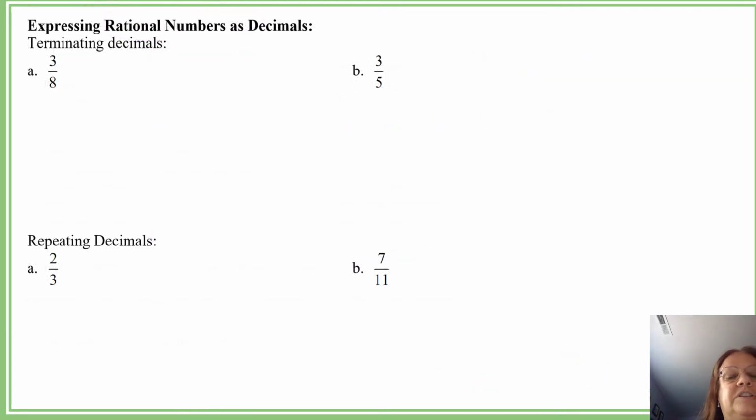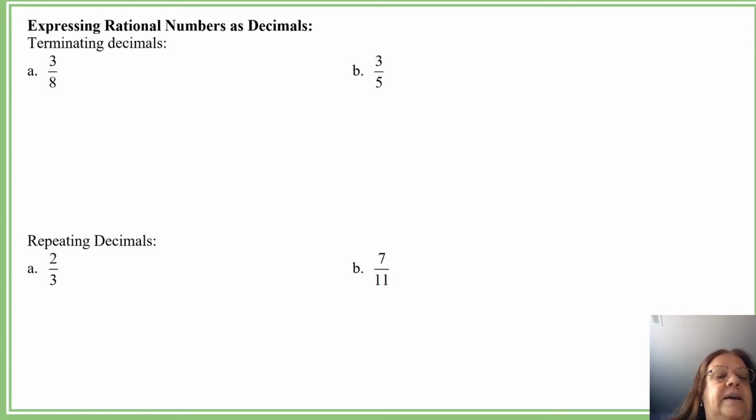Okay, now we're expressing rational numbers as decimals. Okay, so first we're going to deal with terminating decimals, decimals that end. Okay, so it's 3 over 8. I'm sorry, I keep twisting myself out of this frame.